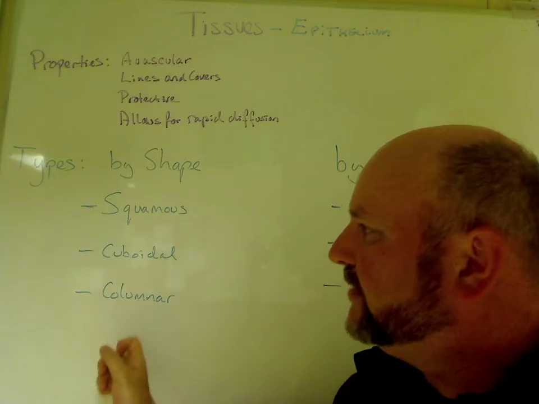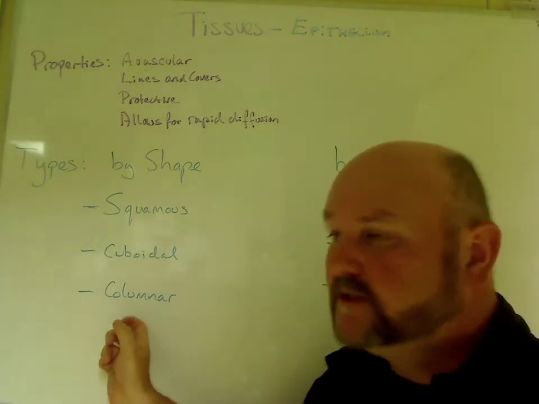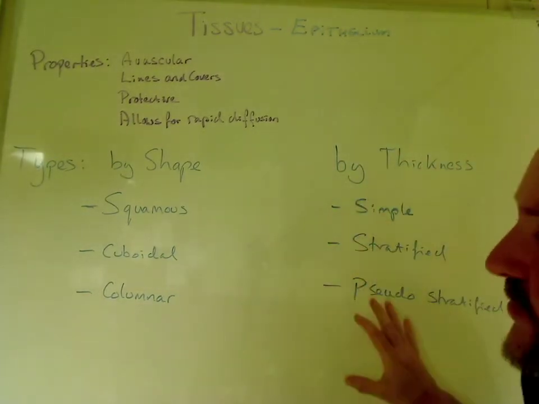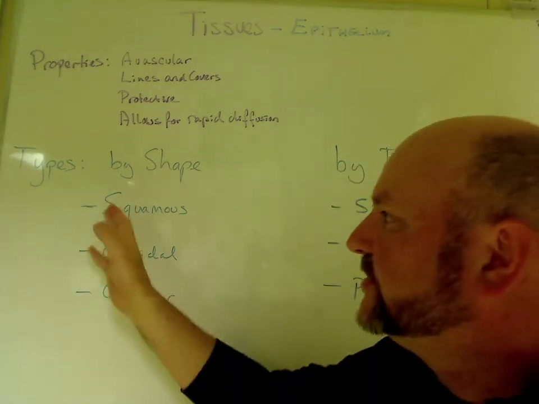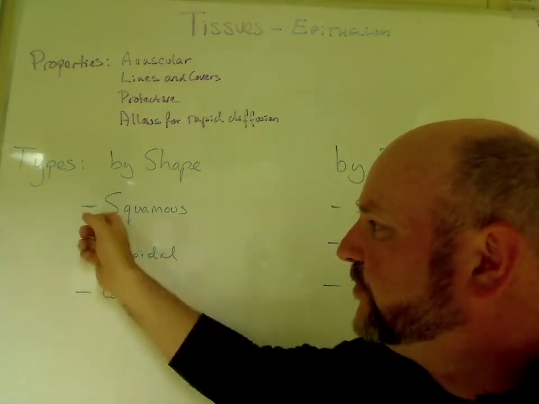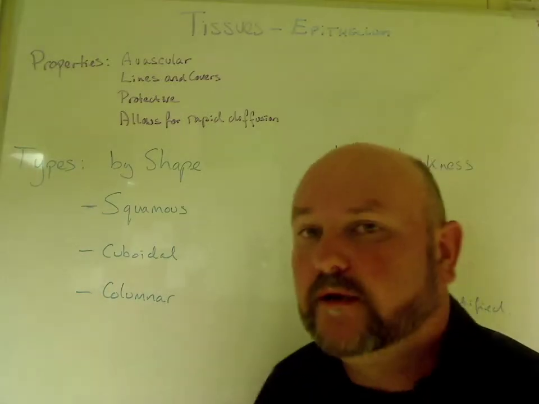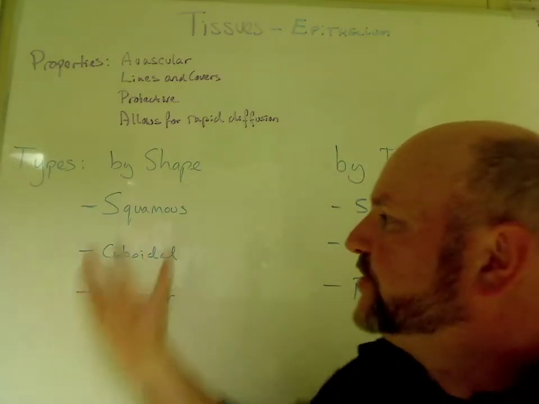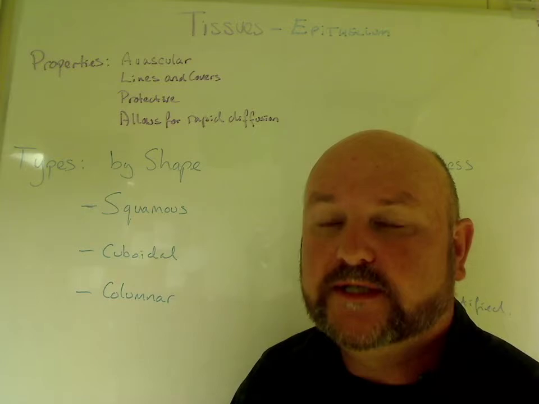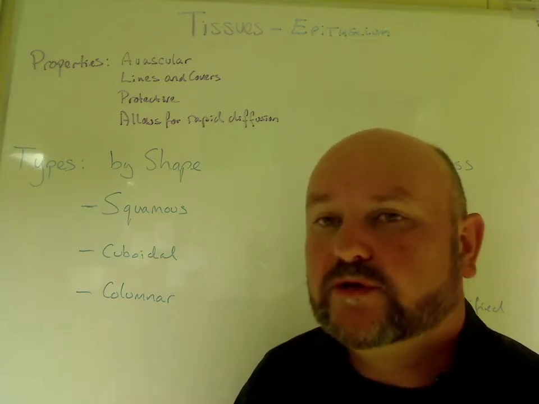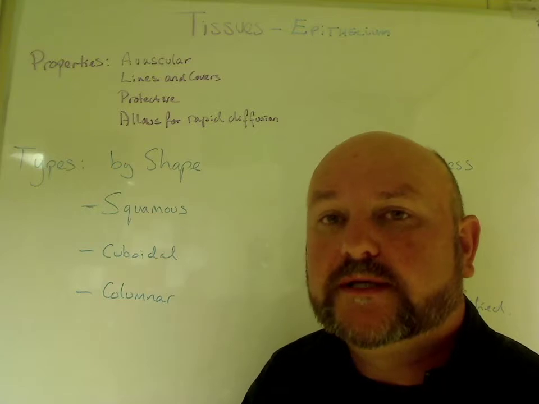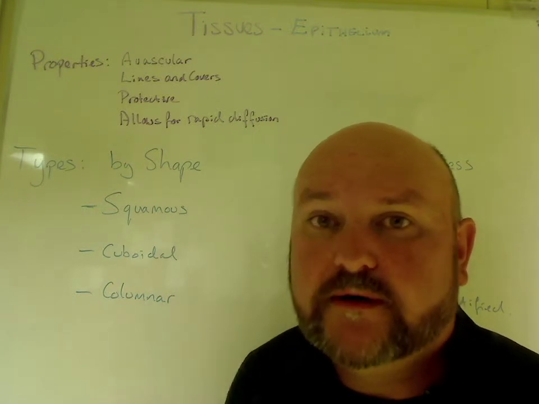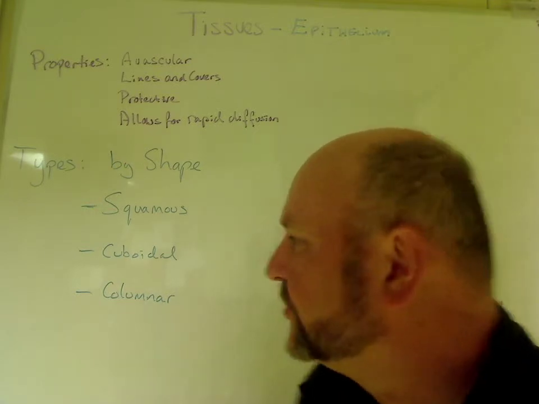Now, by shape there are three main types, and by thickness there are also three main types. So starting with shape, we have squamous, cuboidal and columnar. Now these are shapes, so hopefully if I say the word squamous, you're going to think of the term squashed, because that's exactly what they are. They're completely squashed.